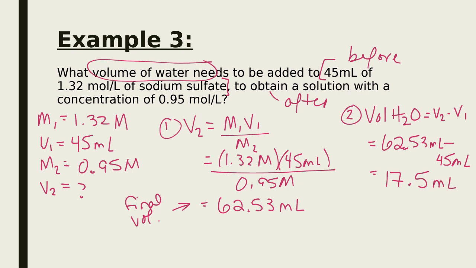We'll round to one decimal place. Again, we should be aware of significant figures. And right here, this has no decimal places. So if I was going to round this, I would be saying 18 mL of water needs to be added. And you can't do it because if you round up the volume of water, then that molar concentration is not accurate when you make it at the end.